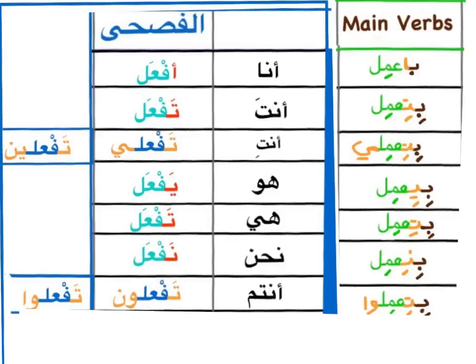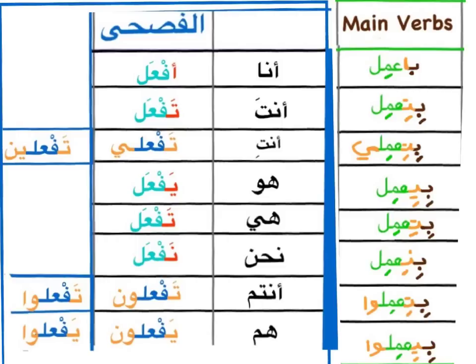But you have to remember, in Amiyya we actually use the pronoun, but we also add the suffixes and the prefixes. And finally we have هم يفعلون. Notice the prefixes and suffixes, and يفعلوا. And same for Amiyya, هم بيعملوا, waw alif and ya instead of هم.